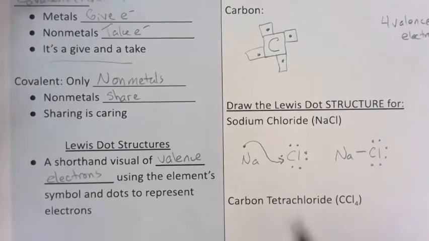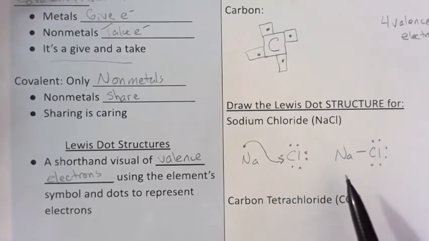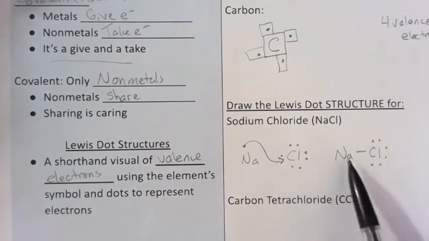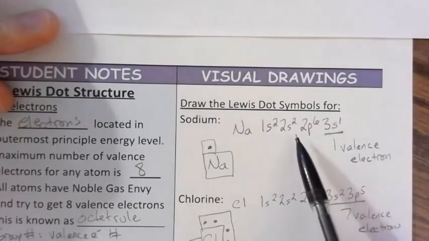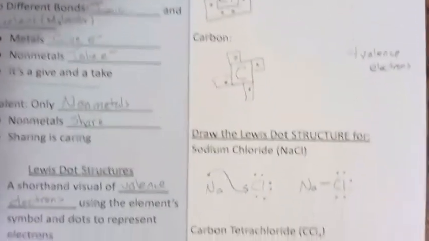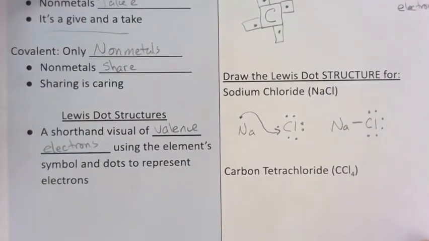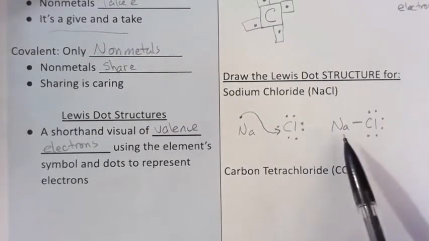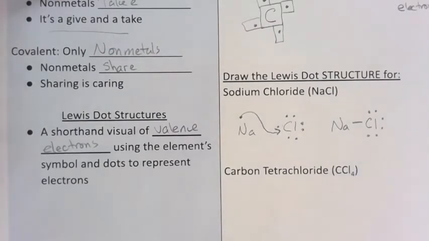So although it doesn't look like it, sodium actually is following its octet rule because it got rid of its one valence electron, and it's now going back to this original core set of electrons, which adds up to 8. Okay, so this would be the correct Lewis structure for an ionic compound between sodium and chlorine.